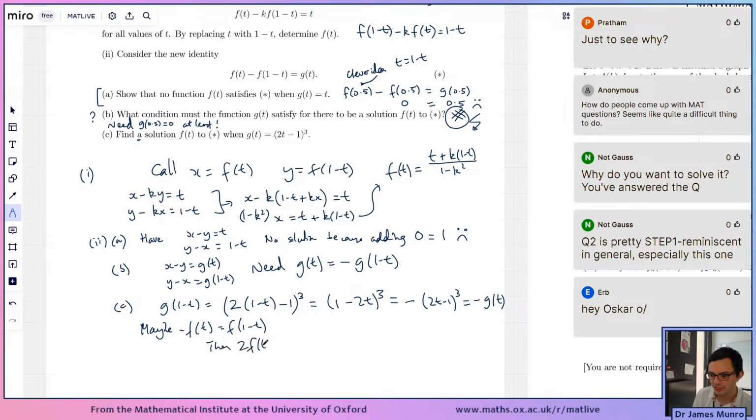Then 2f of t would be g of t, and f of t would be g of t over 2, which would be 2t minus 1 cubed over 2. And then quickly check that that works. And that does obey f of t is minus f of 1 minus t, because it's just an extra factor of 2 in the g calculation. And in general, I think that is always going to work, that you just do g over 2.